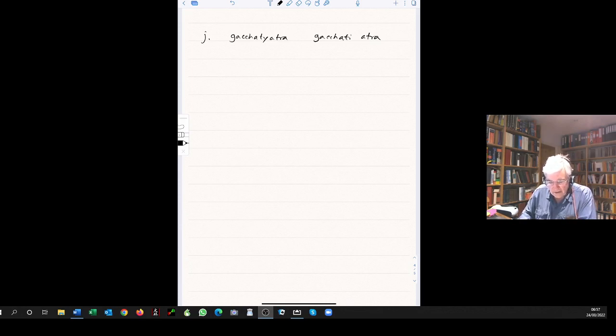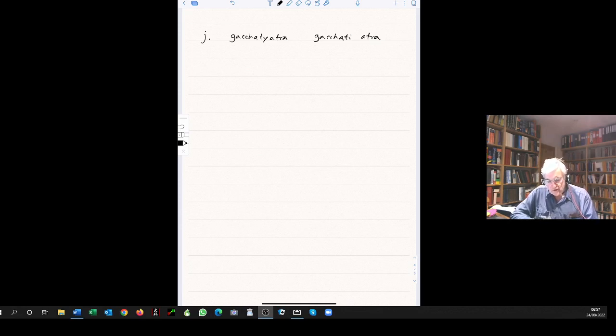Rāmaḥ grāmāt vanaṃ gacchati. Rama, the subject, gacchati, goes. Grāmāt, the ablative, from the village. Vanam, accusative of motion, to the forest. The sandhi: Rāmaḥ becomes Rāmo before a voiced consonant, a g.